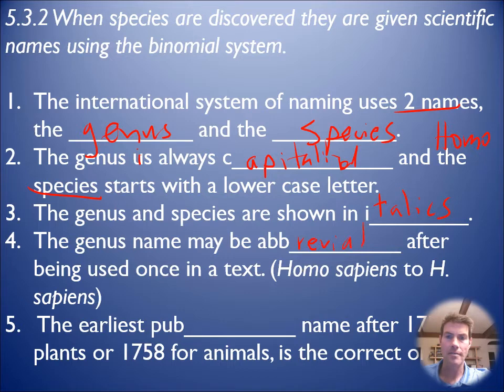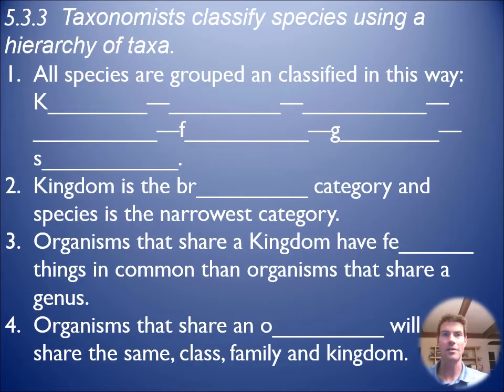So H. sapiens, when we watch the video on the cavemen, Paranthropus boisei, I would just say P. boisei, and Australopithecus afarensis is A. afarensis. And the way it works is the earliest published name is the one that's correct. So the first one that got published, boom, that's the one they're going to go with.